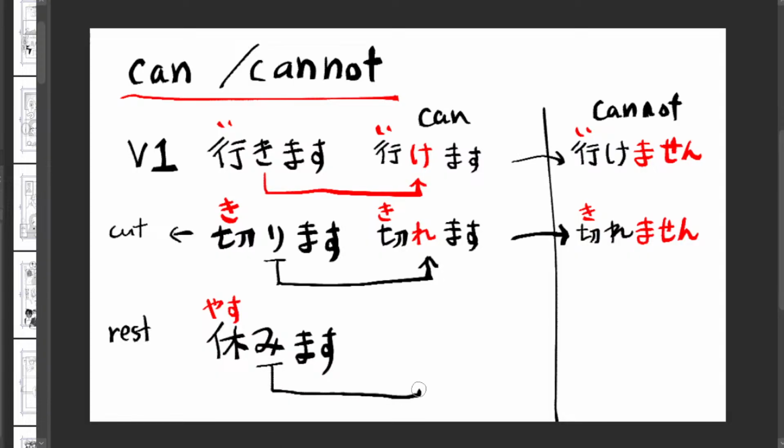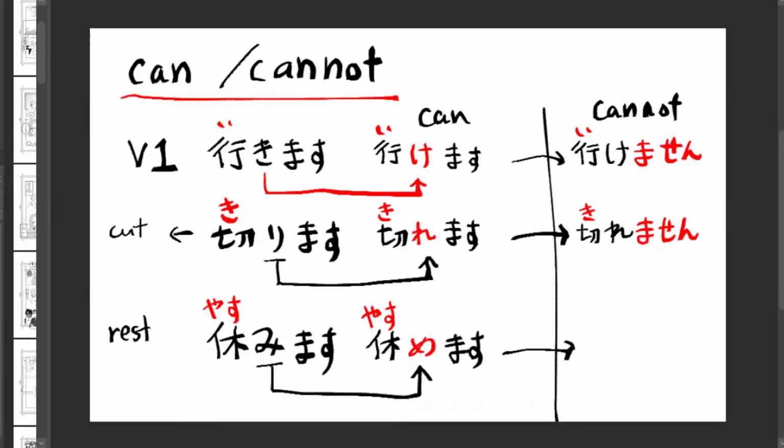Before masu, the mi sound, you change it to the same sound from the e column. So me, it becomes yasumemasu. And if you're like me, you work at a Japanese company and you can't really rest all you want, it's very hard to rest here.